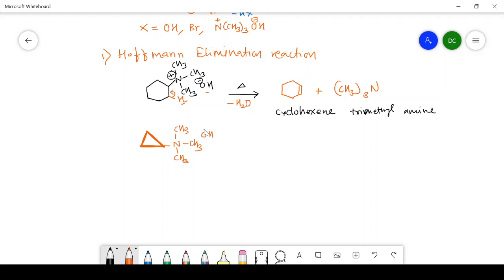Here OH minus and nitrogen possesses a positive charge. Similar condition, heating. When it is heated, what will be lost here? A water molecule, and from this carbon, hydrogen is eliminated as H plus, which releases the electrons which are shifted here, and we get cyclopropene plus trimethylamine.